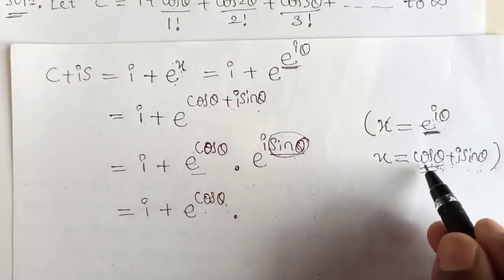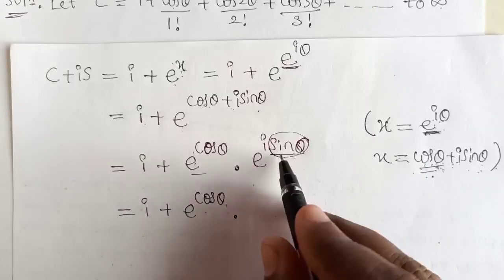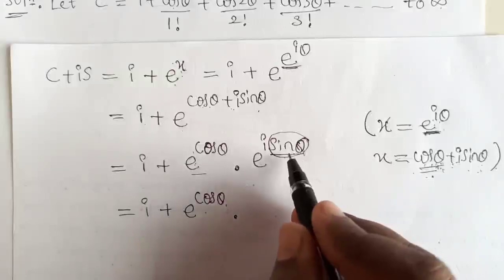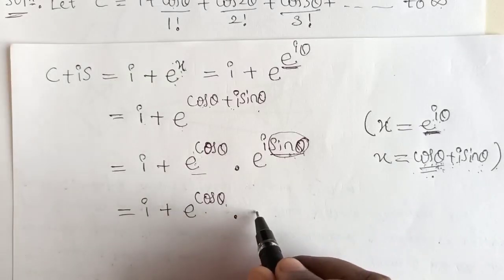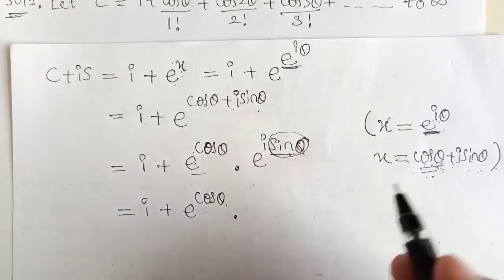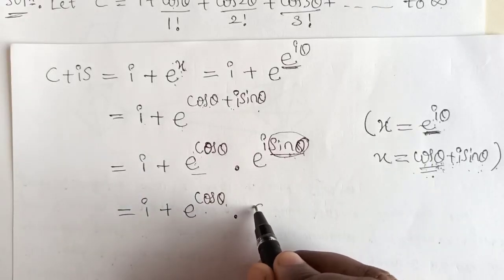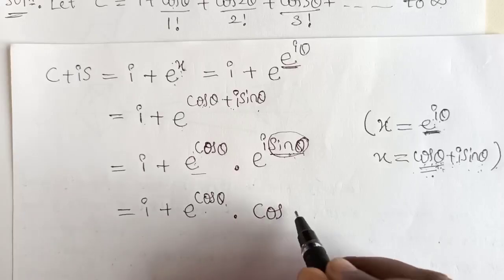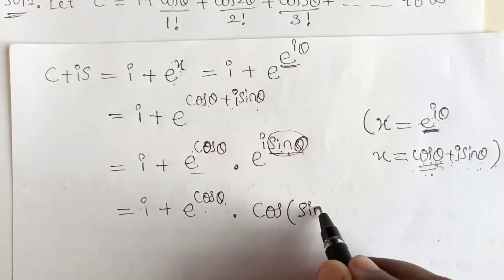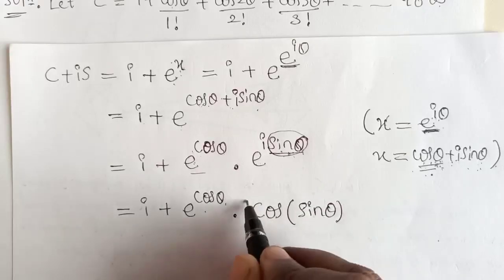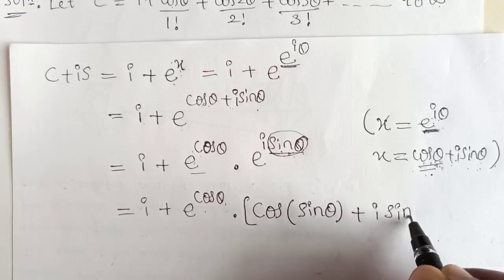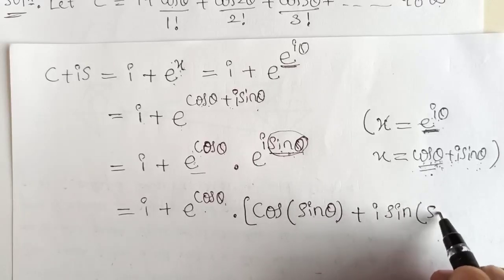So in the place of cos theta we have to take cos of sin theta, because in the place of theta we have sin theta. Therefore, on representing this term in polar form, that is cos theta plus I sin theta, we get cos of, in the place of theta we have sin theta, therefore I will write sin theta completely, plus I sin of, again in the place of theta we have sin theta.